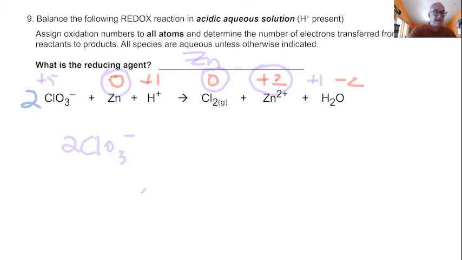Adding them, right, exactly. So we need to add electrons. How many? 10. 10, that's right, because I've got 2 chlorine atoms. Each of them is +5, and I have to reduce each of them to 0. That takes 10 electrons to do that.